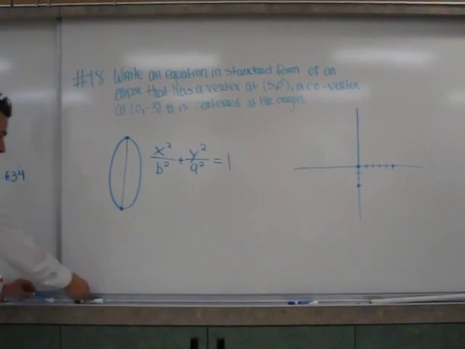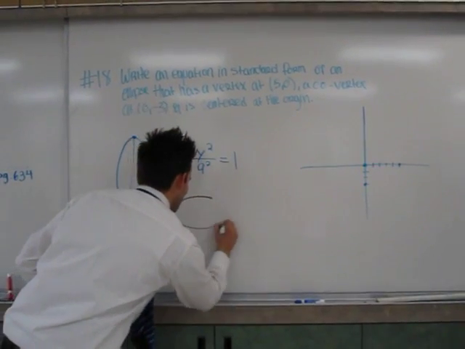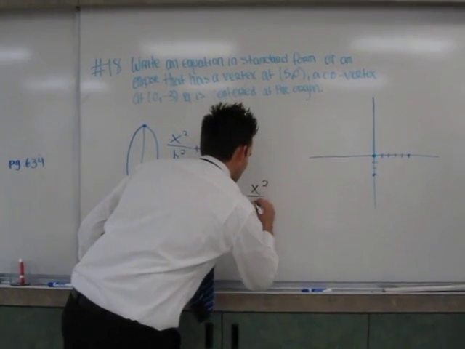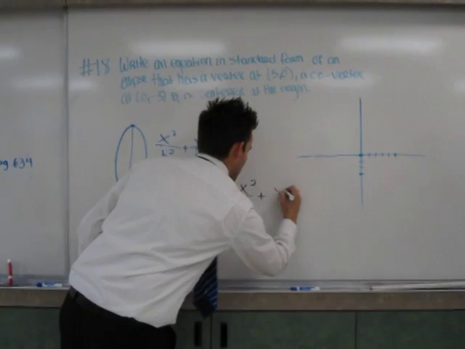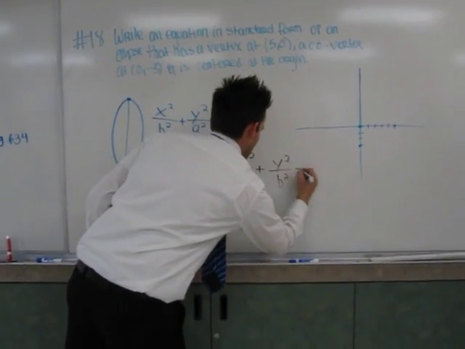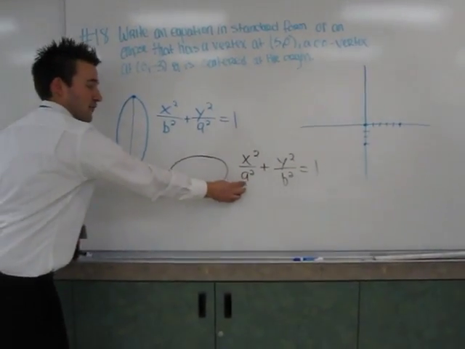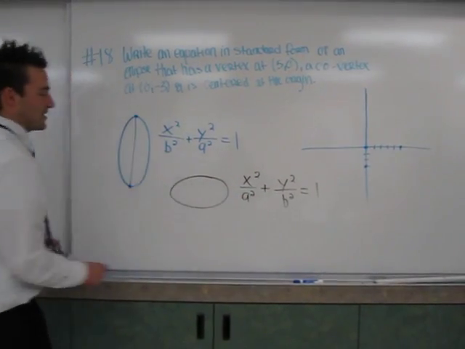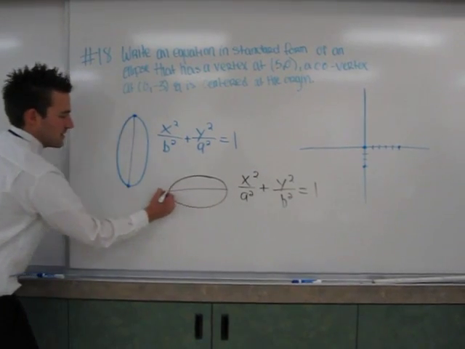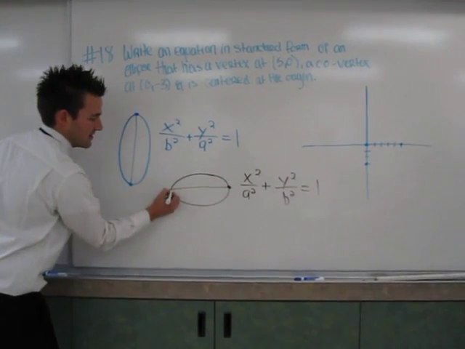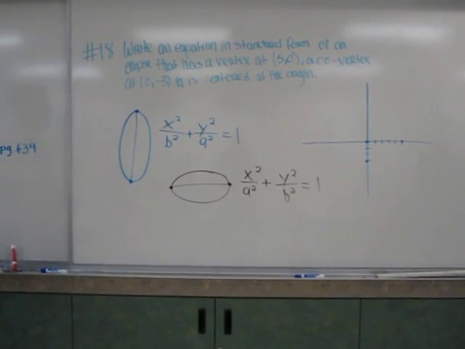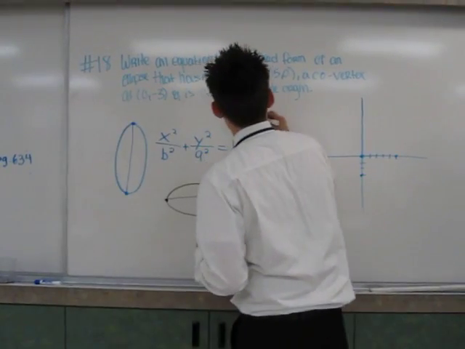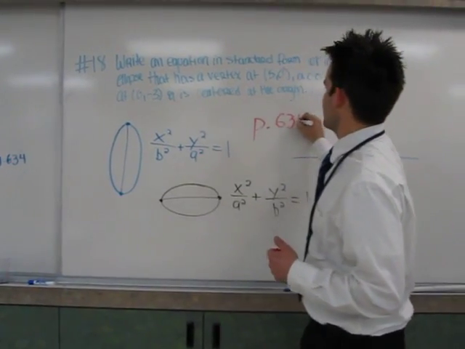The other type of ellipse we've been calling an Ernie ellipse, and this looks like x squared over a squared plus y squared over b squared, where the a squared is under the x squared term. In this one, the vertices will be on the horizontal axis. If you need more help with this problem, check out page 634.